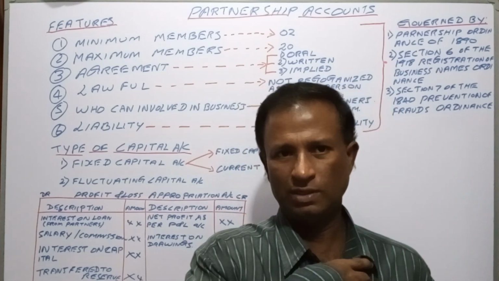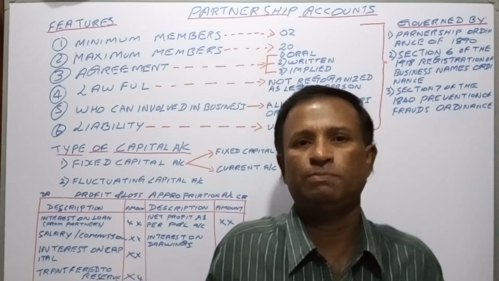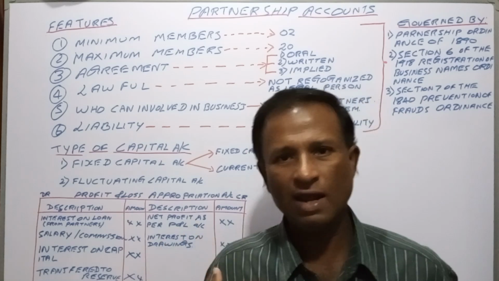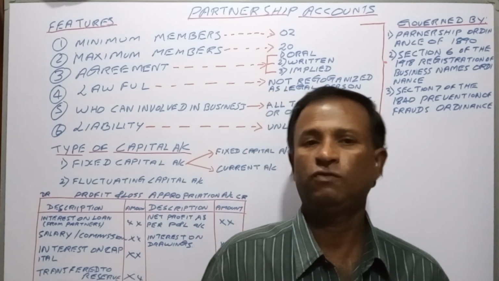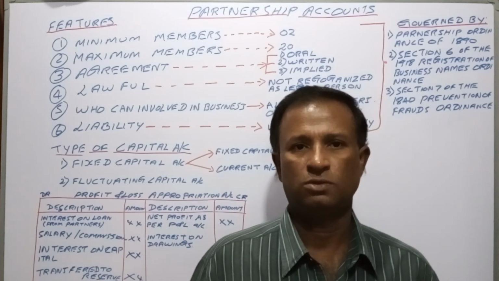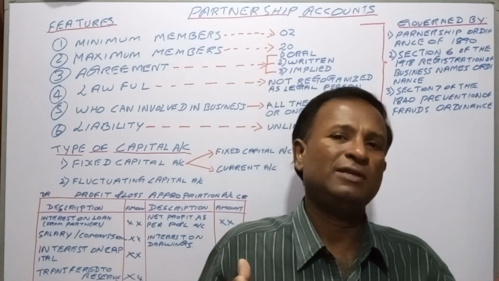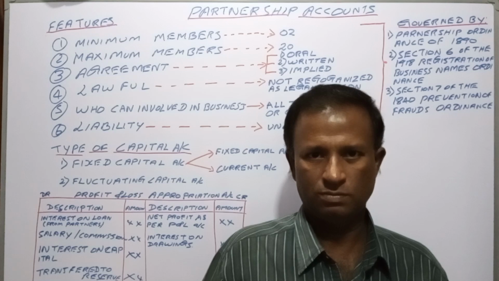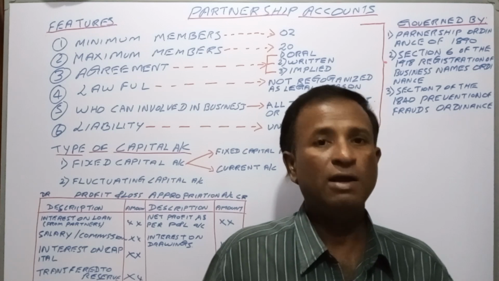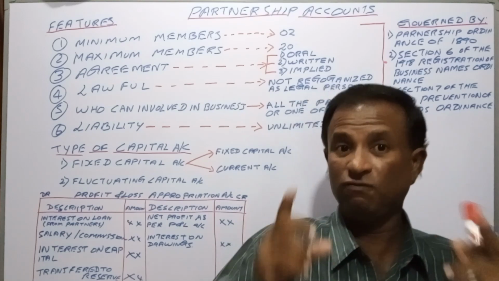We are individual people, and we are normally recognized as persons. You and I are recognized as a person in front of the law. Sole proprietorship is not recognized as a person in front of the law, and partnership is also not recognized as a person in front of the law.